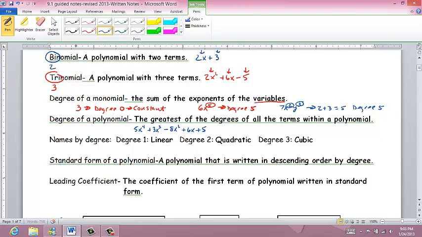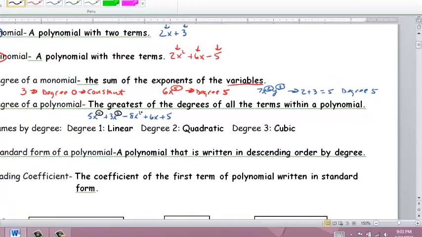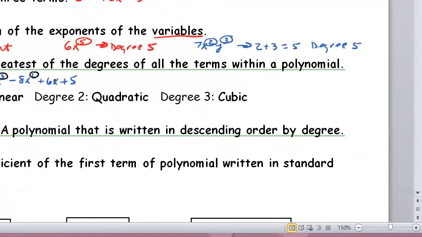When I take the degree of each term, the degree of this term is 4. The degree of this term is 3. The degree of this term is 2. This is 1. And this is constant. Well, the highest degree in this polynomial is 4. Therefore, this is a degree 4 polynomial.